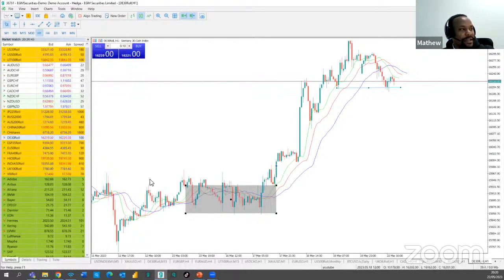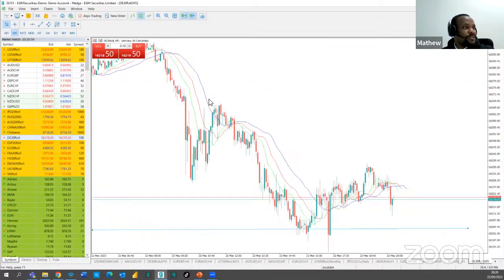I would say if you find this signal on a higher time frame, it will give you a bigger ride of the trend, as compared to when you go to lower time frames, it just ends very fast. If you look at 5 minutes, you're just going to catch very few pips here.